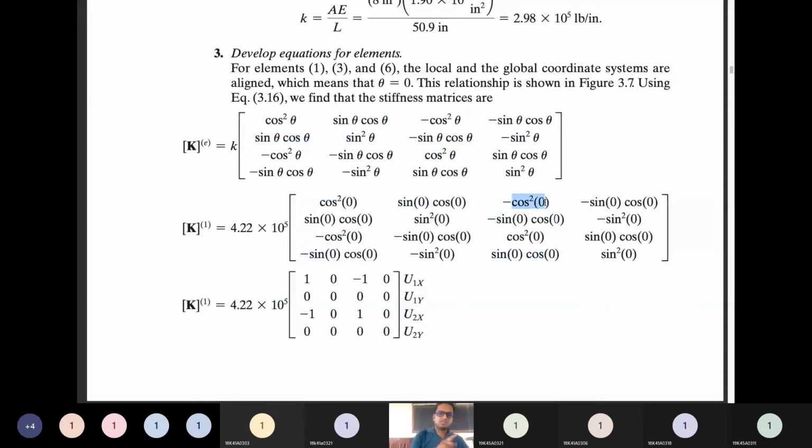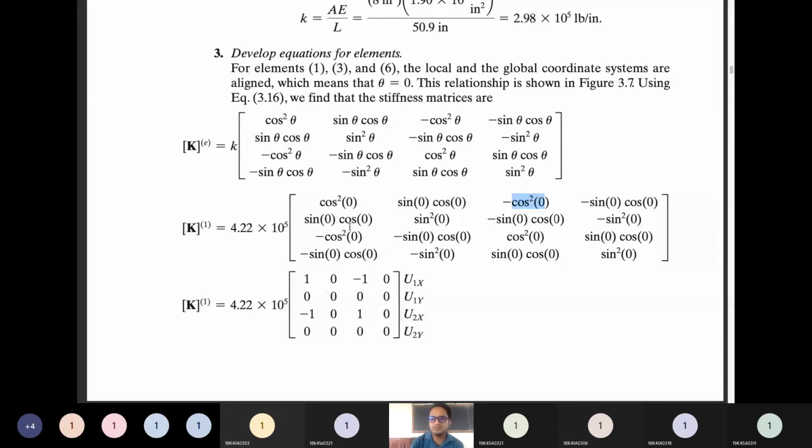The minus is outside and then it is cos square theta. It is not like minus cos theta in a complete bracket and then square. So you have to first evaluate the value of cos square theta, that is 1, and then square it. So 1 into 1 will be 1 only, and the minus sign is outside that square term over here.